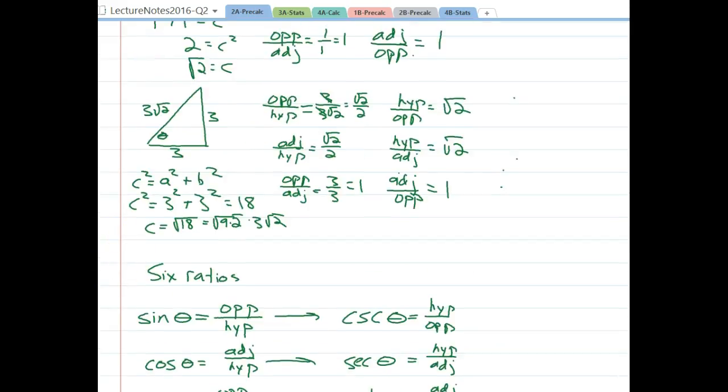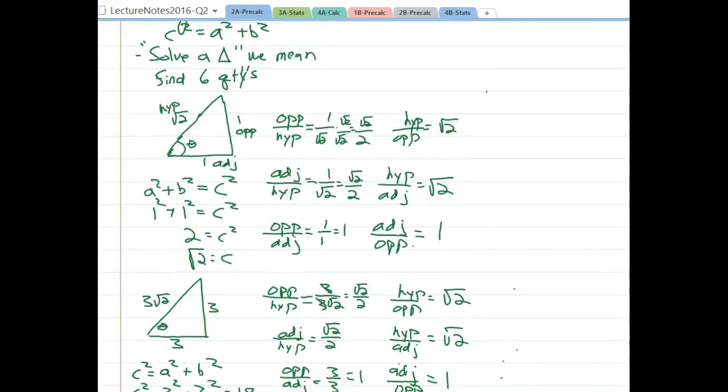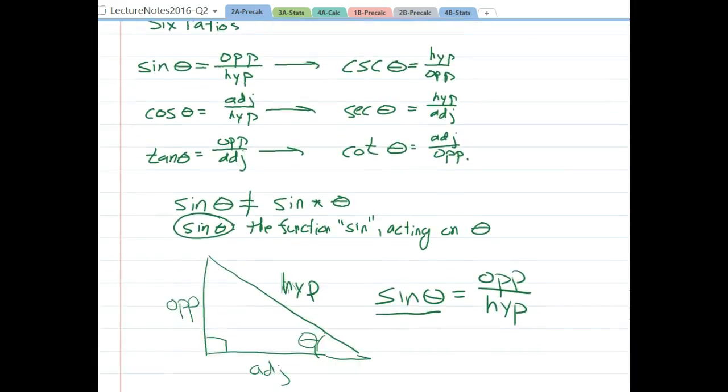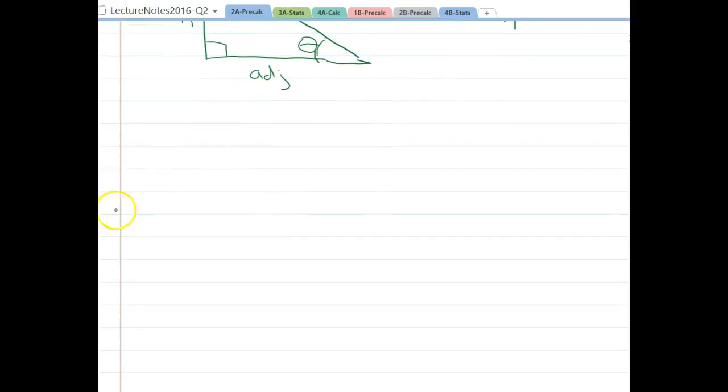Now what I want us to look at next, we'll call this Roman numeral 2 in our notes, is the 30 degree and 45 degree right triangles.